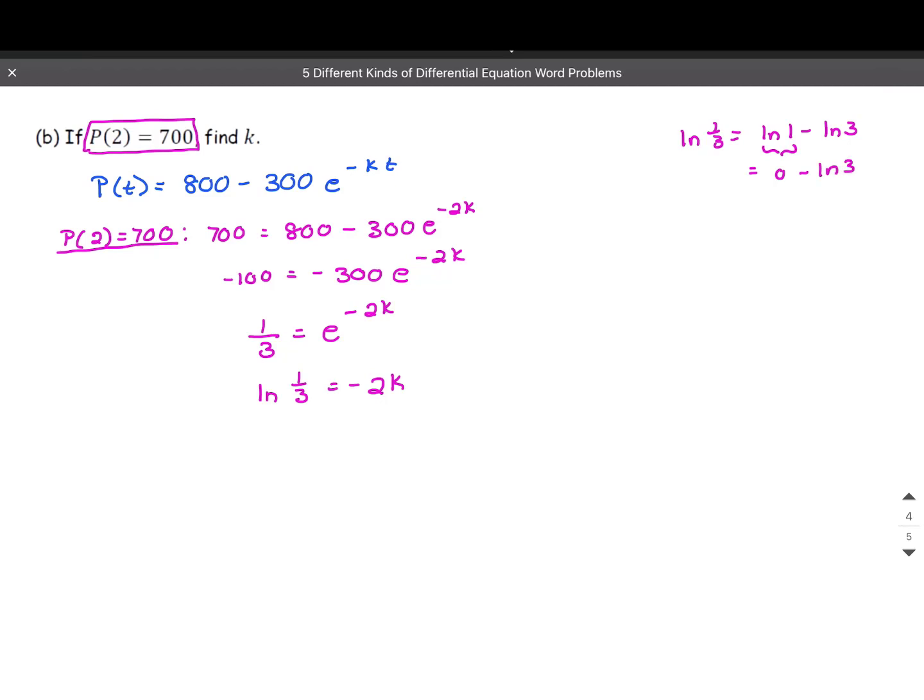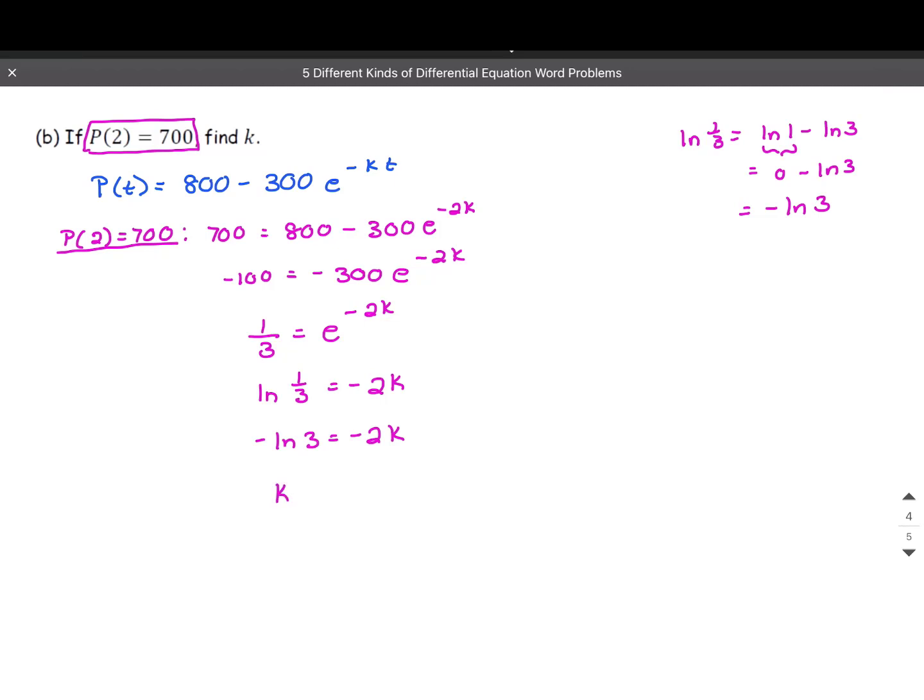So all of that becomes negative natural log of 3. So we have negative natural log of 3 equals negative 2k. And yes, it's okay if you left the natural log of 1/3 in your answer. It's just a little neater if I don't have too many fractions, and I want to review the log concepts with you. But yes, it's okay if you leave it with the natural log of 1/3.